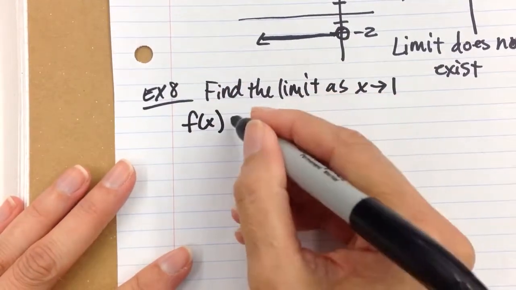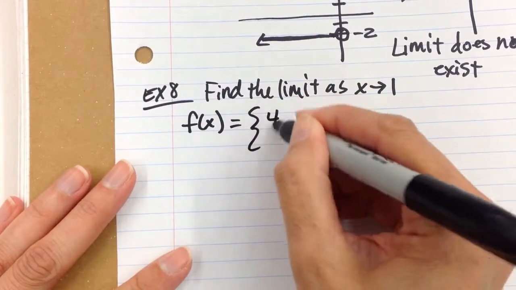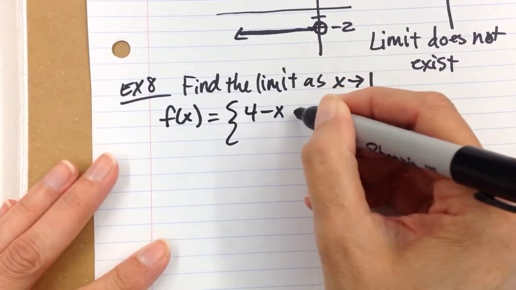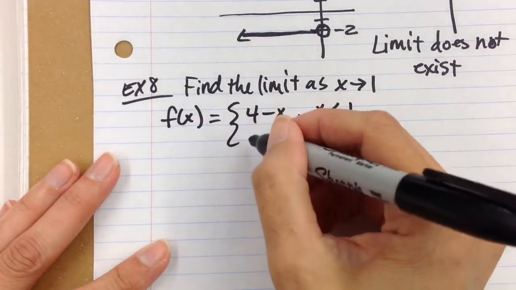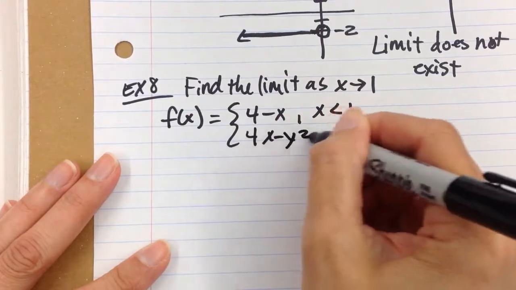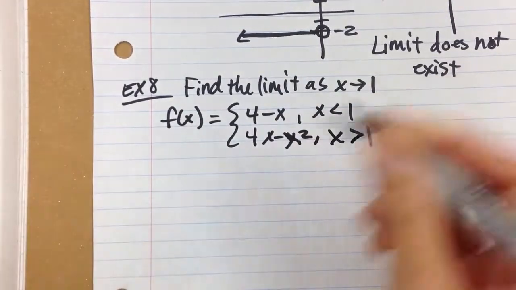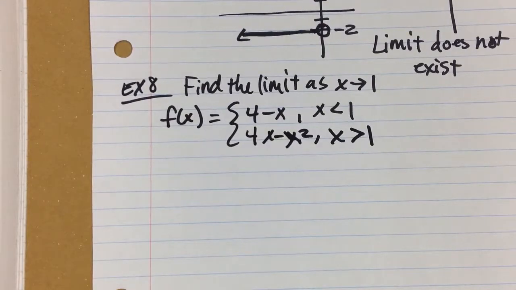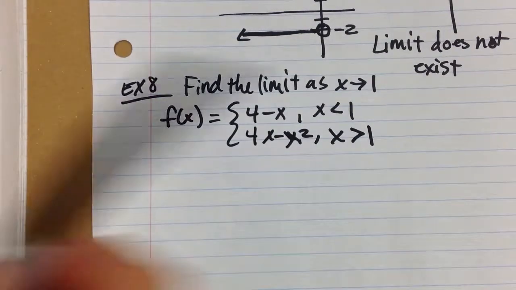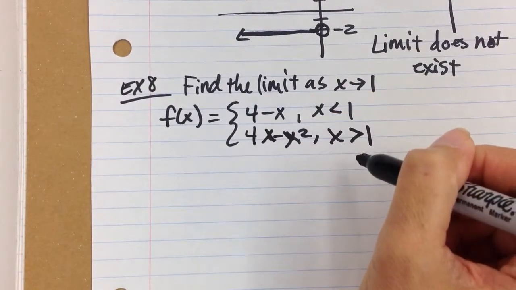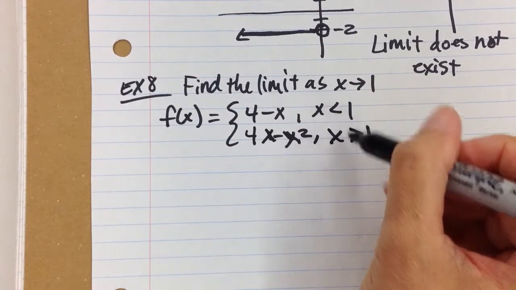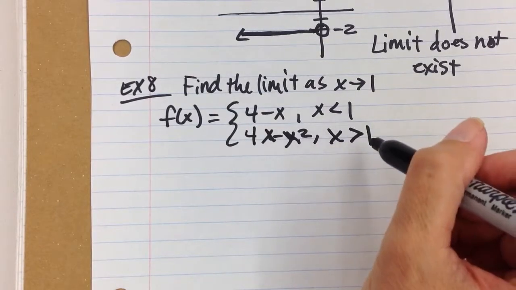They're going to give us a piecewise function here: f of x is equal to 4 minus x when x is less than 1, and 4x minus x squared when x is greater than 1. And there's no equal sign, so that tells me there's going to be a hole at 1 because it's never equal to 1. Okay.